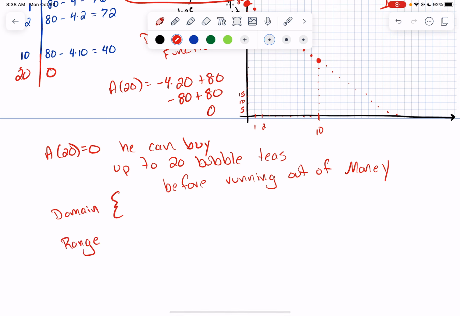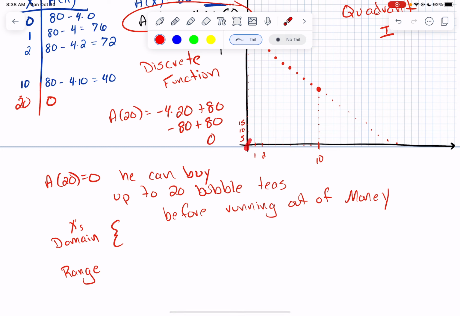Okay, might be easy to say the domain. Again, the domain is our x's. What numbers can I put in? If you notice, I put in numbers from 0 up to 20. So it might be easy for us to say the numbers in between 0 and 20. Okay, but be careful. I can't, because I can't include the in-betweens.